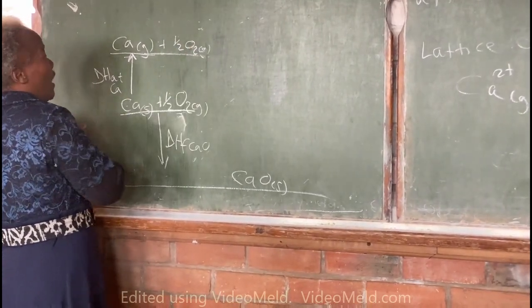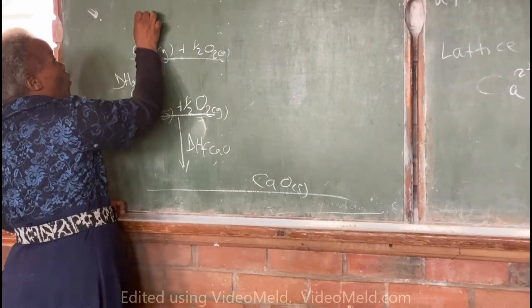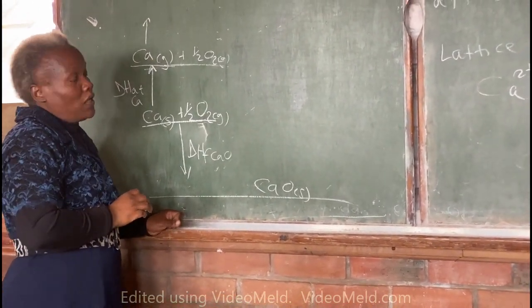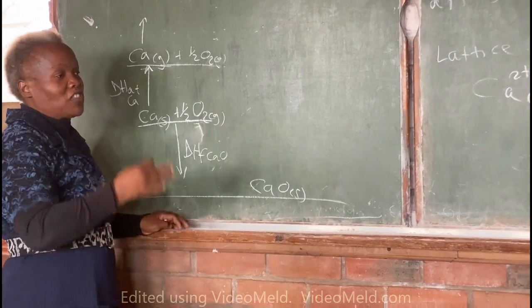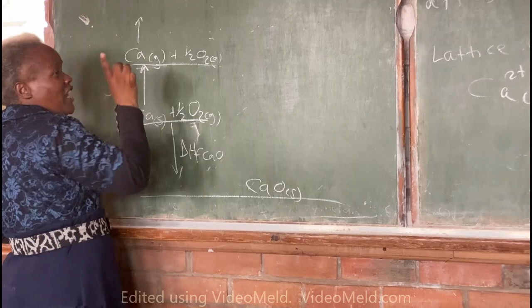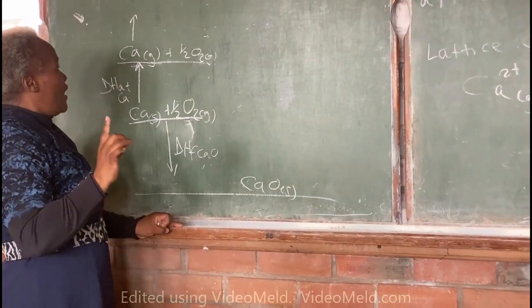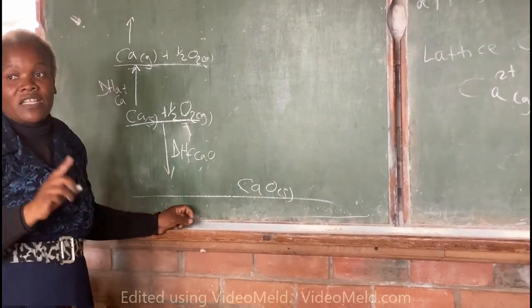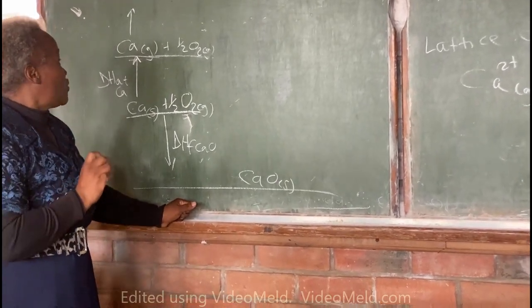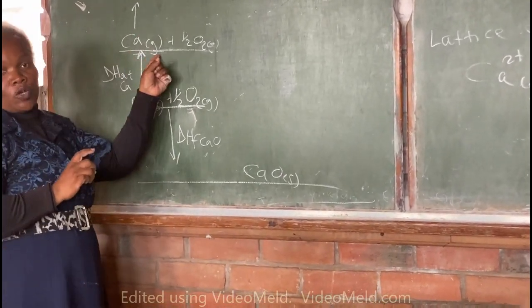The oxygen. After atomizing, we now remove the electrons in the outer shell. And these electrons must be removed sequentially. So we remove the first electron, and the energy required to remove electrons is the one that we refer to as the ionization energy. And we are removing electrons from gaseous atoms.